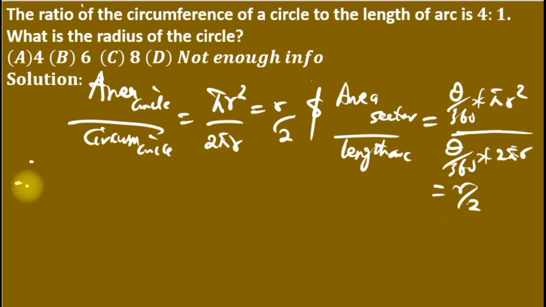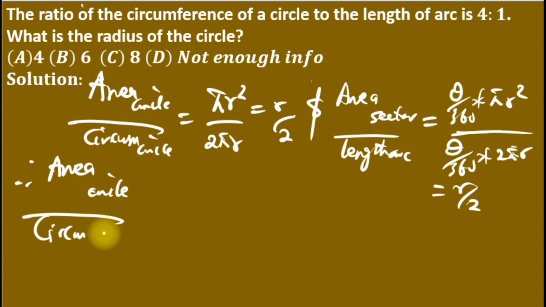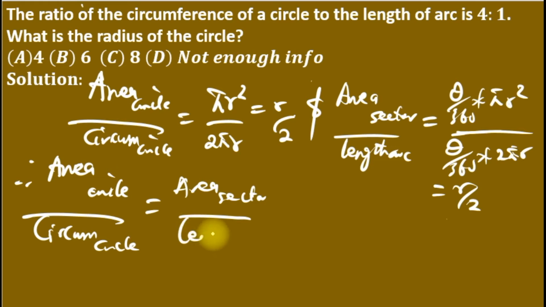So therefore, we now see that the ratio of area of the circle over circumference of that same circle will be the same thing as area of the sector over length of arc.